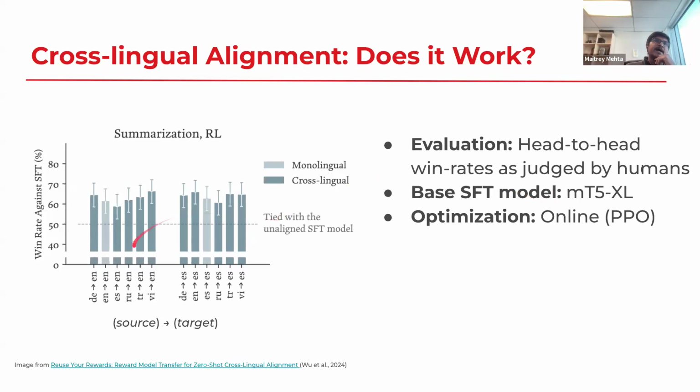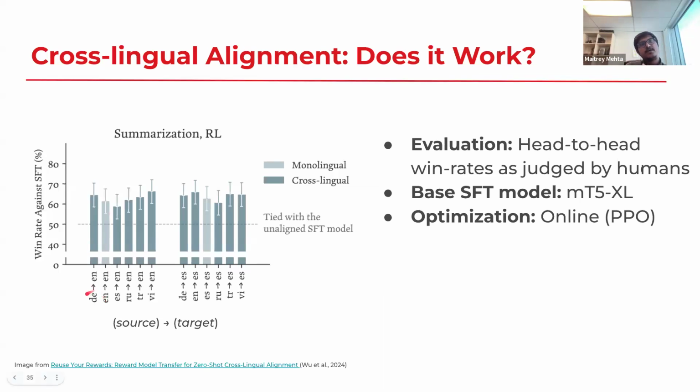Basically, what they found was that if you use, for example, a monolingual alignment schema, so you have English preference data, you fine-tune a reward model and then apply it to an English IFT model, you get a certain result. You get around a 60% win rate as opposed to an unaligned model.